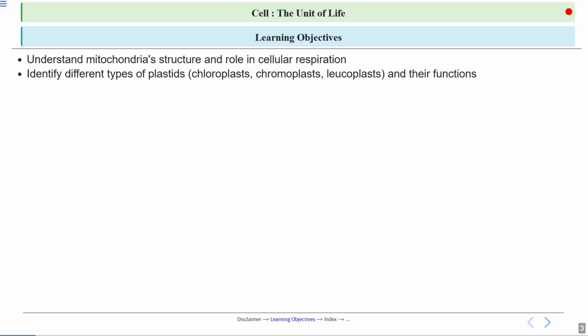We'll also talk about the plastids and the types of plastids: chloroplast, chromoplast, and leucoplast, and what their functions are. We'll also talk about the ribosome and its importance in protein synthesis, and the structure of ribosomes as well.